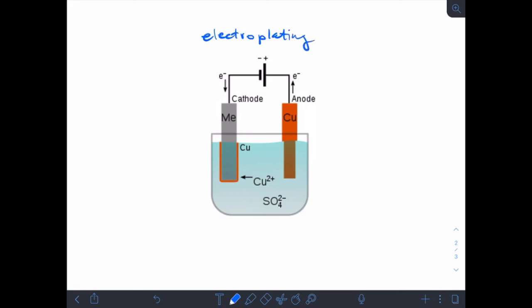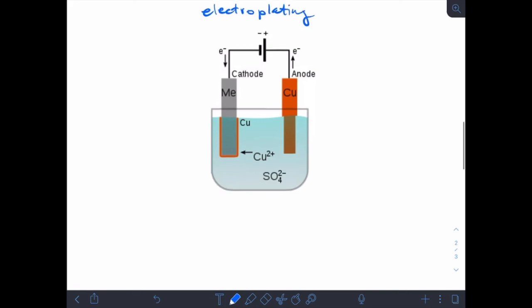This is another type of electrolysis, so applying some sort of external voltage to cause a non-spontaneous reaction to happen. What's different about electroplating as opposed to our electrolysis cell in molten salt is that here I have electrodes that are going to participate in the reaction. So instead of inert metals, I have metals that will participate.